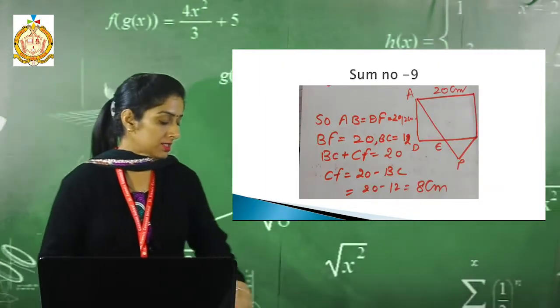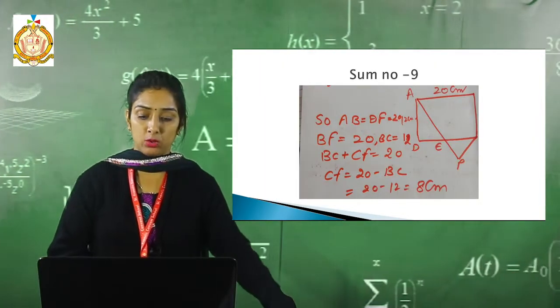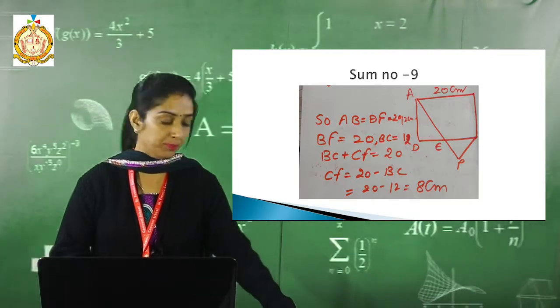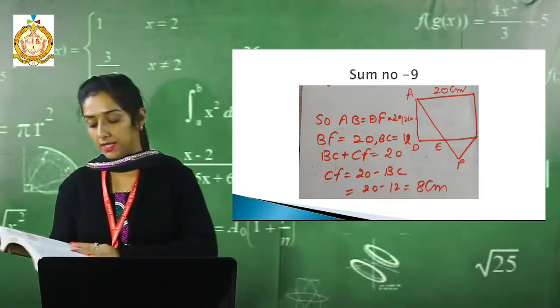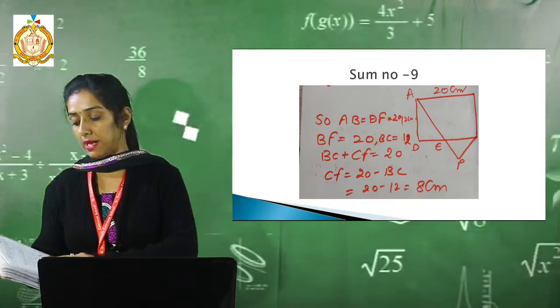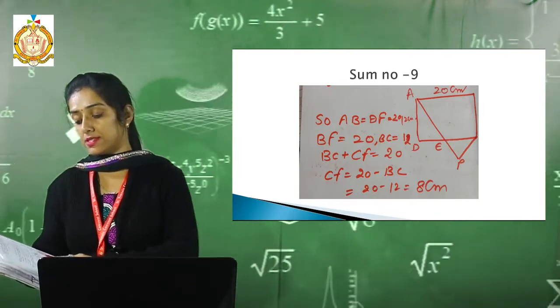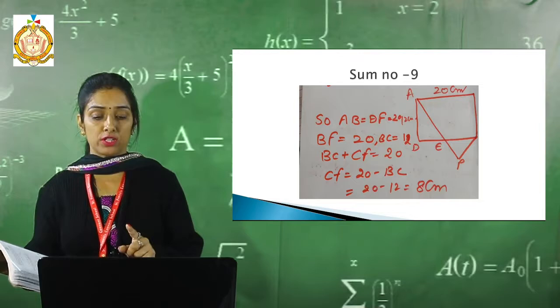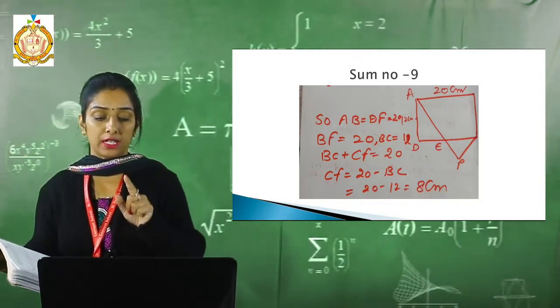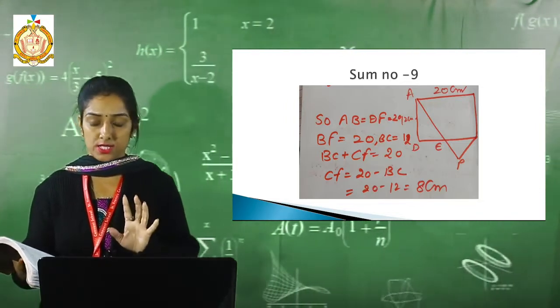Now see sum number 9. In a parallelogram ABCD, AB is 20 centimeters and AD is 12 centimeters. The bisector of angle A meets DC at E and BC produced at F. First of all, we have a parallelogram ABCD, right?